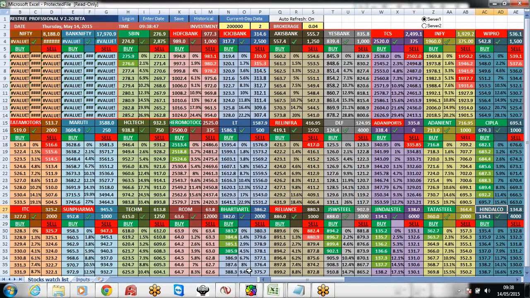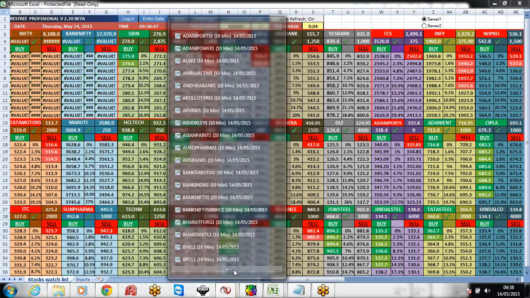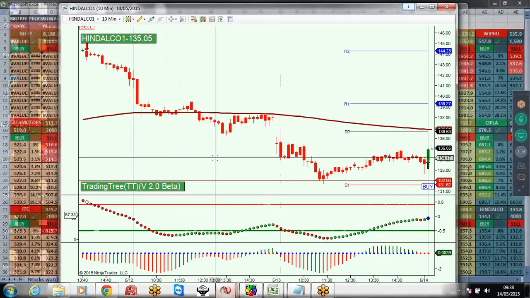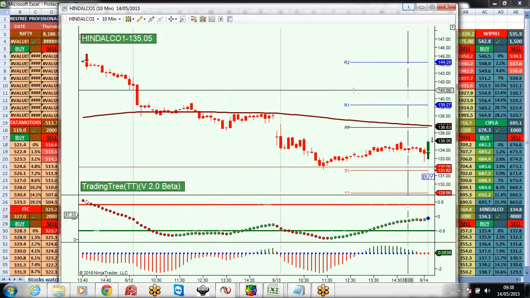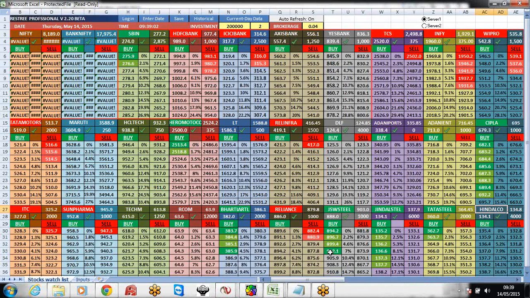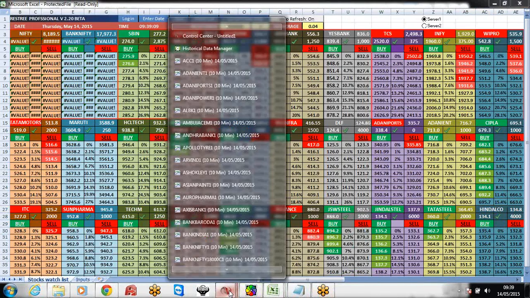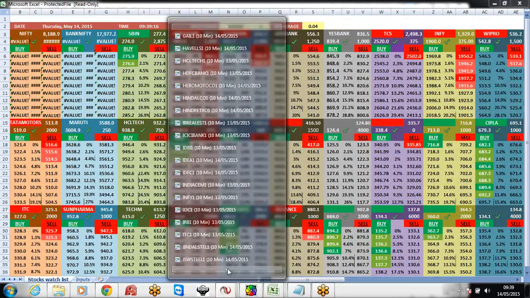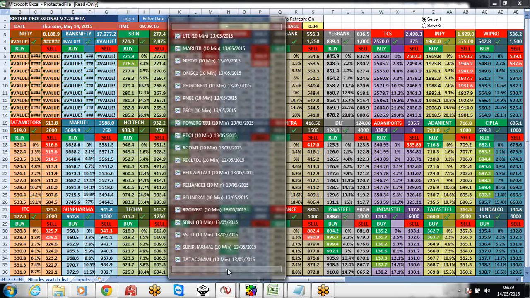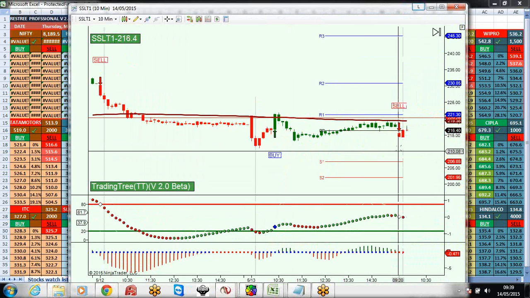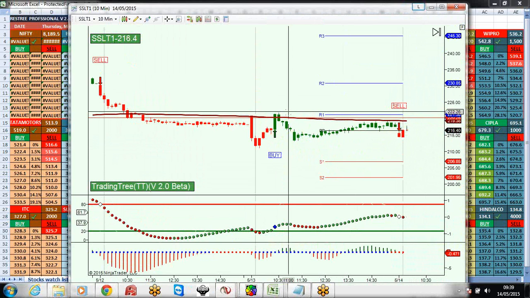You should remember that Hindalco we already have a buy. So this buy call did not get triggered.